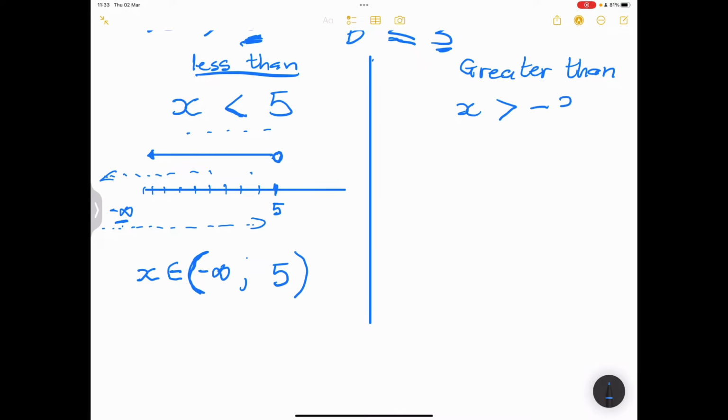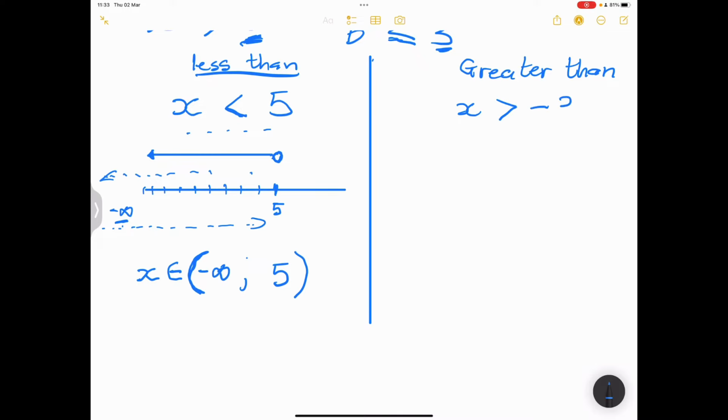So again, in my number line method, what am I going to do? I'm going to draw my number line. There is negative 3 over there, right? And I am simply saying that x can be any value, but it cannot be negative 3.